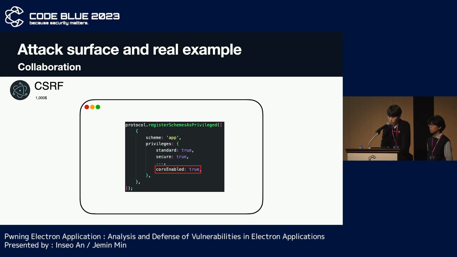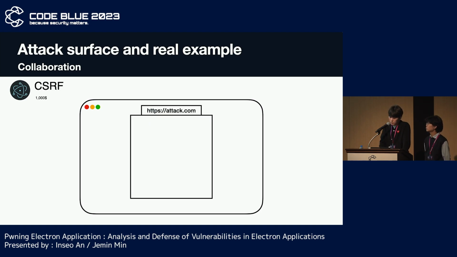In this app, we are able to embed the links we want in an extension. First, embed the attacker site for an attack. The attacker site uses the custom scheme implemented in Electron to send a request to the app's API.